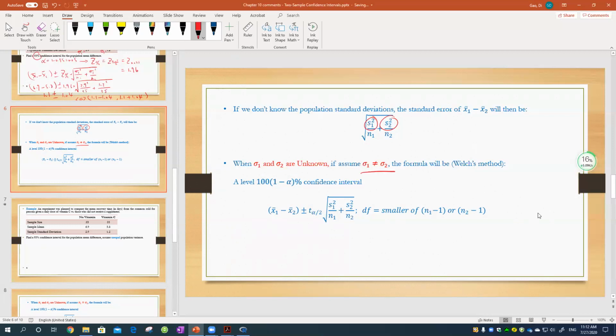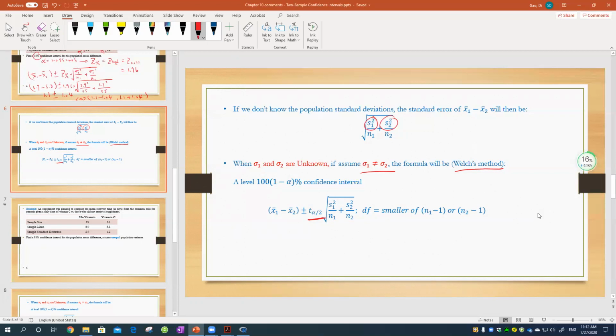In that case, we can apply the Welch method, and then the formula will just change z sub alpha over 2 to t sub alpha over 2, because the population information is unknown, so we're looking at a t curve instead of the z curve. Then the degree of freedom we have to define.